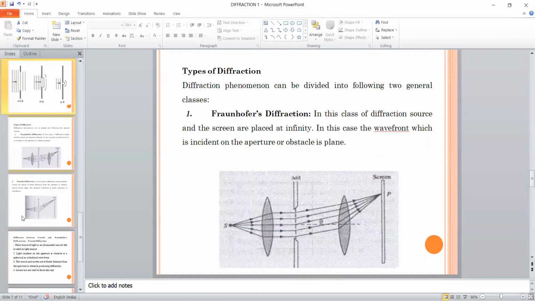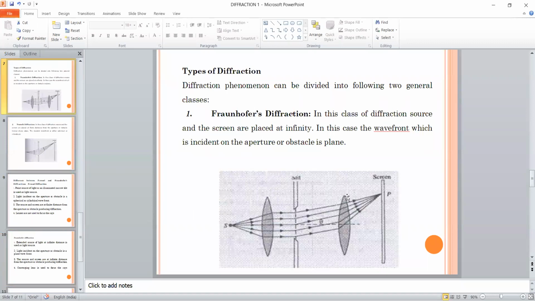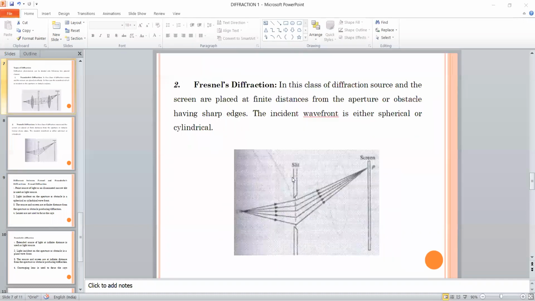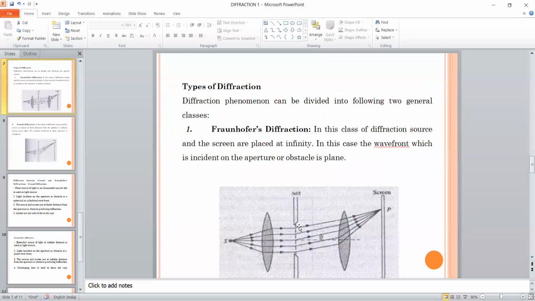Okay. Now, what are the differences between Fresnel and Fraunhofer diffraction? Once again, I repeat, what is diffraction? Diffraction means bending of light rays.